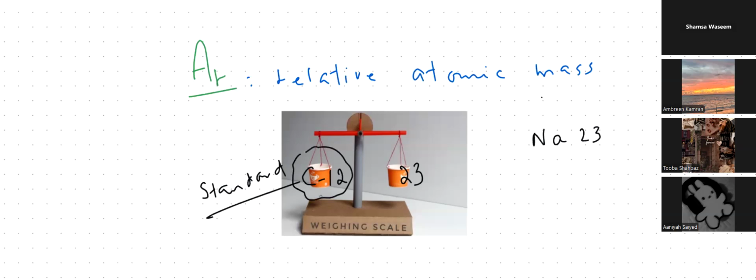In the periodic table, you might have seen mass numbers. The mass number of sodium is 23, of oxygen is 16, of sulfur is 32. Okay? So what are these mass numbers? When they ask us to calculate the mass number, we say it's the total number of protons and neutrons. But when it says relative atomic mass, how did they find it?